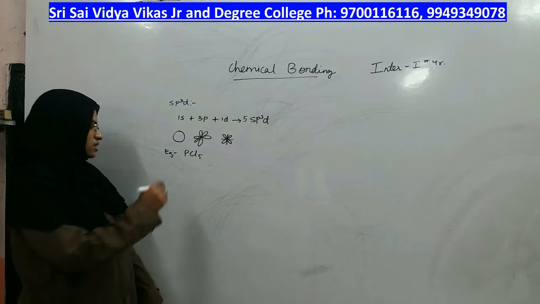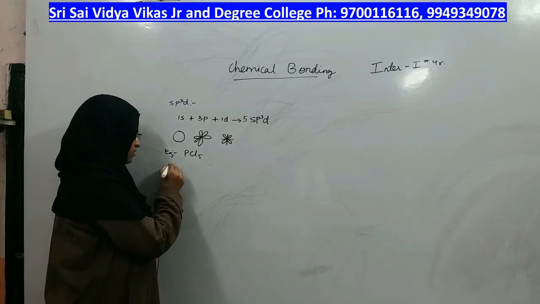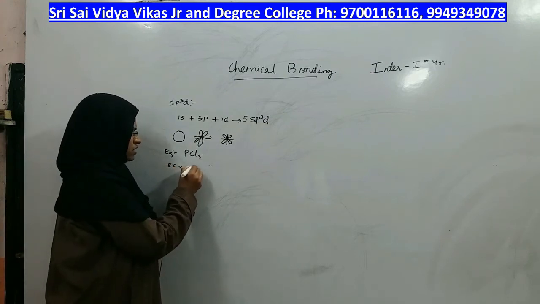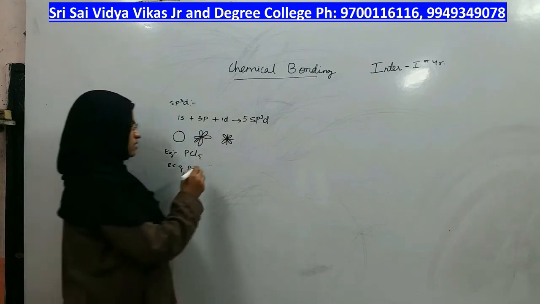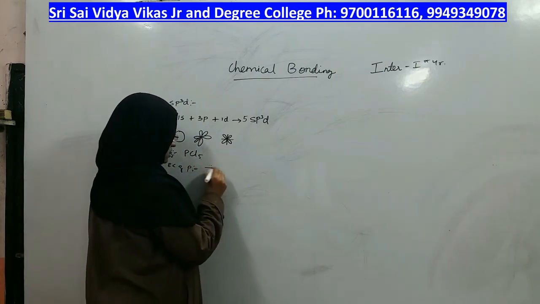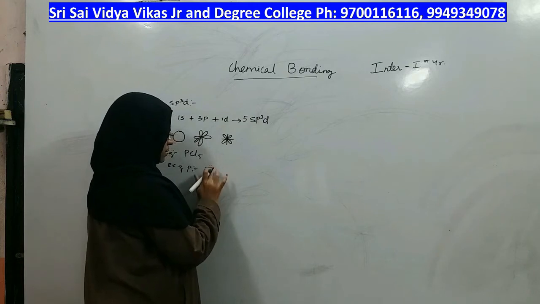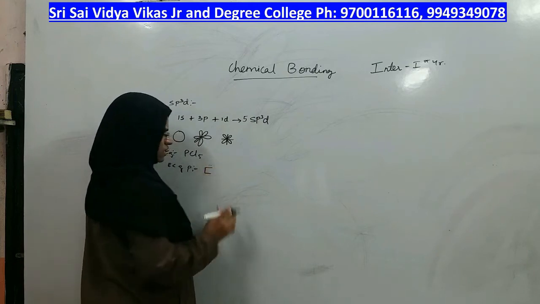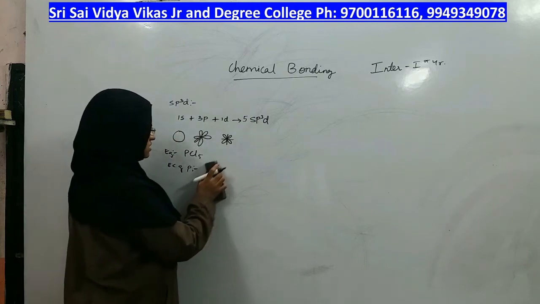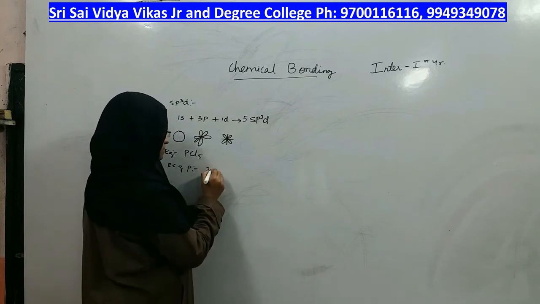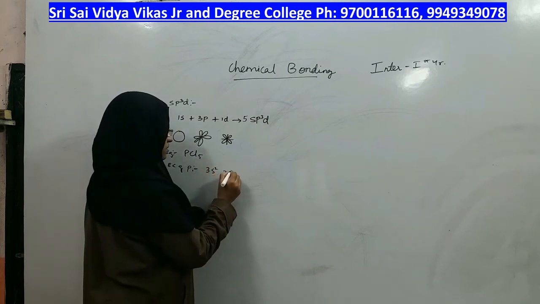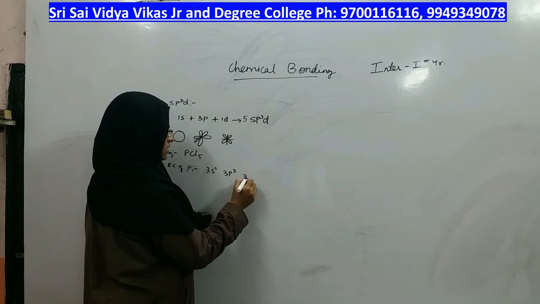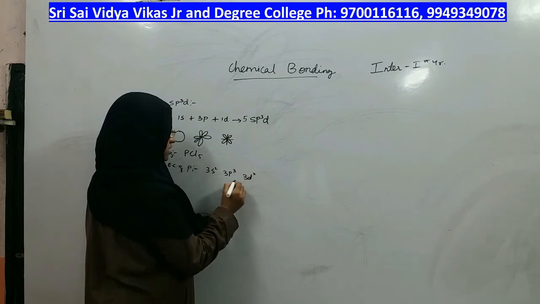Now let us look at the electronic configuration of phosphorus, right? As phosphorus is in the third period, we will only see its valence electronic configuration, which is 3s2, 3p3, and d orbitals are 0.